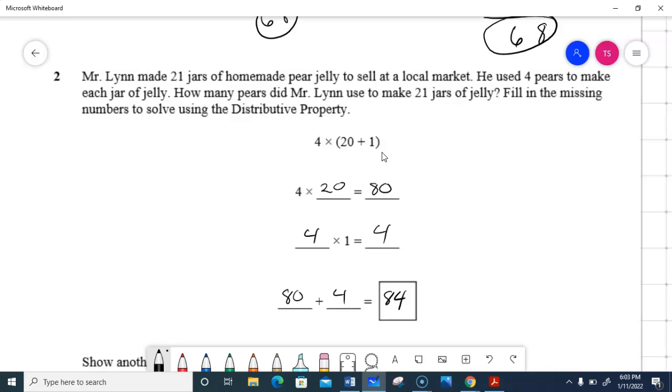Okay, another way of doing it, I could do a pictorial model, and it'd really be the same way, because there's 4 in each. So my groups would be my jars.